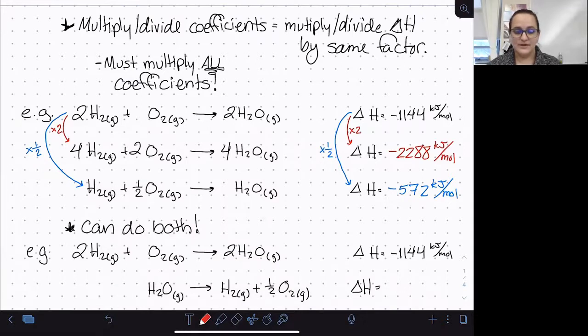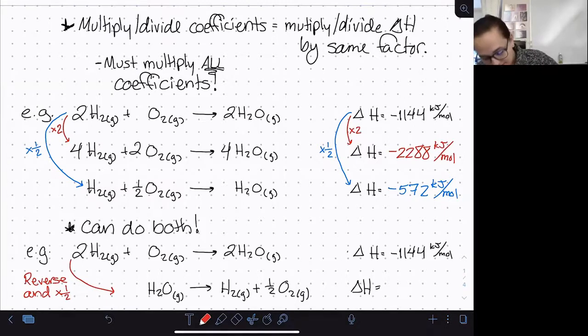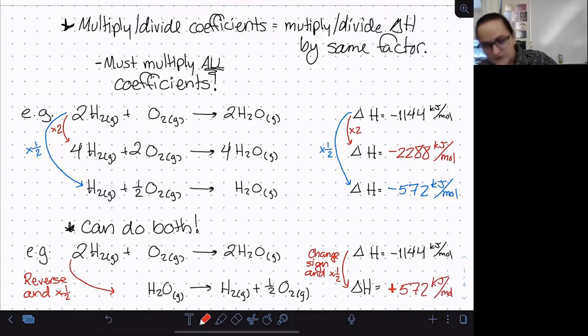Instead of taking hydrogen and oxygen to form water, as in the original, in the second one here, water is reacting to form hydrogen and oxygen. And we have also cut all of our coefficients in half. So we just need to apply those same transformations to our delta H: change the sign and multiply by 1/2. So this will be positive 572 kilojoules per mole.